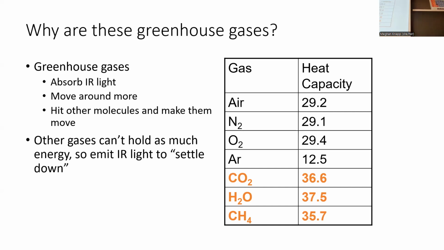All right, and then the ones that have the black numbering, they can't hold as much energy. So they emit the IR light, or the IR light just passes right through it. Okay, so it doesn't really cause a change in them.